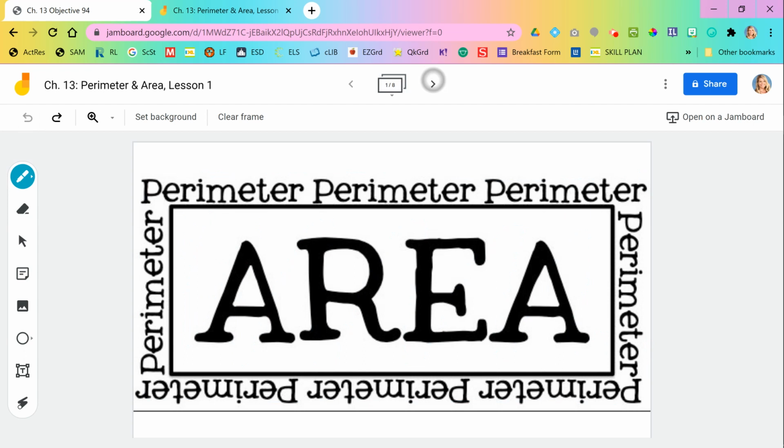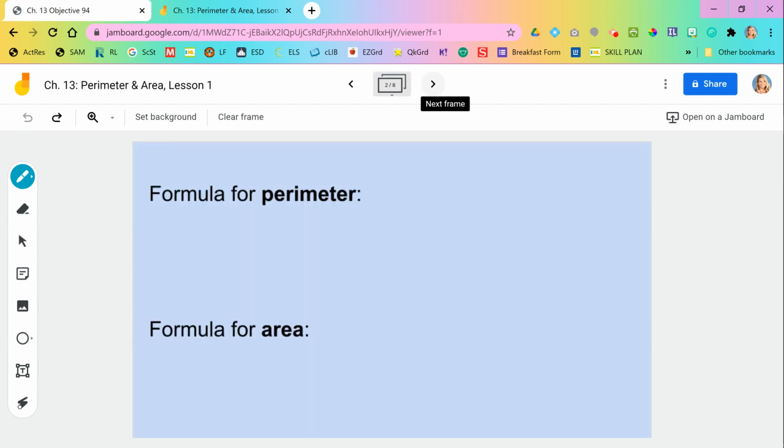Let's review our formulas for perimeter and area. Remember, your formula for perimeter is P equals L plus W plus L plus W. All right, so there's my formula for perimeter.